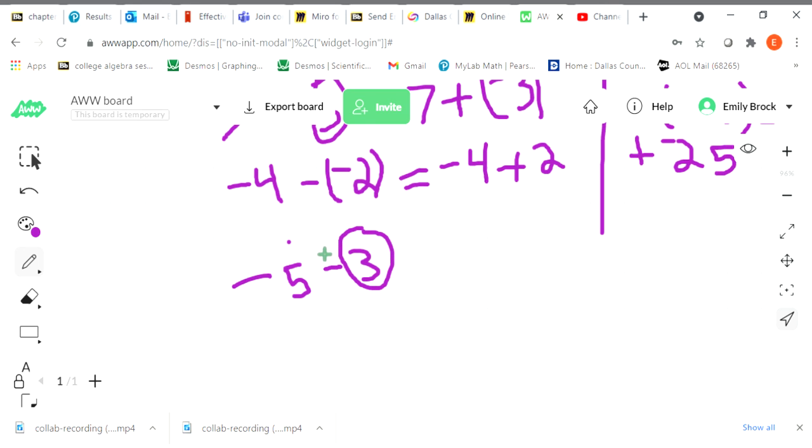We're going to change it to negative, and we're going to change this sign to positive. So, because that subtraction sign only affects what comes after it, it becomes negative 5 plus a negative 3. And that way you only have to learn rules for addition with integers. I will stop there.